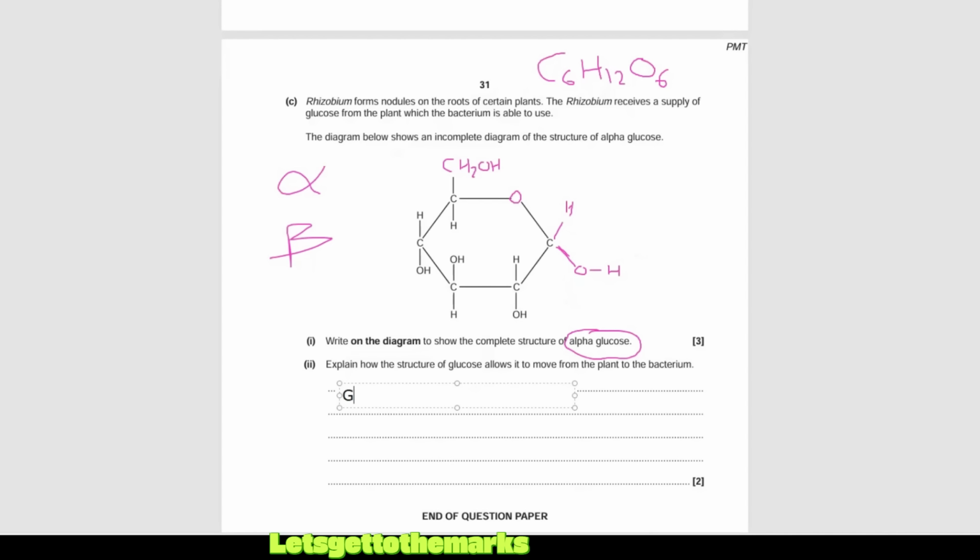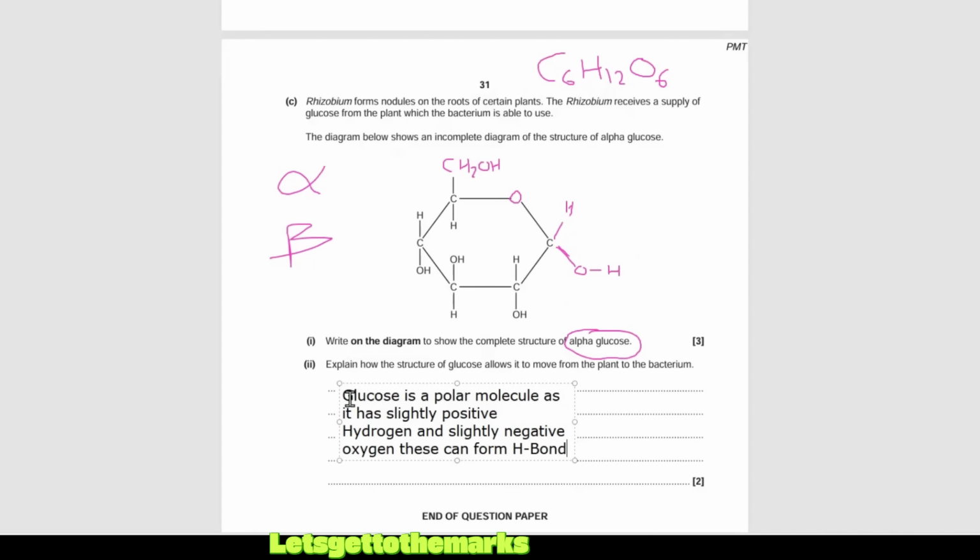So we just want to say that glucose is a polar molecule as it has slightly positive hydrogen and slightly negative oxygen. Now, I might be going over the top because they might just say glucose is a polar molecule. So hydrogen is slightly positive and oxygen slightly negative. These can form H bonds, and I probably should type out the word hydrogen just in case the examiner's being really strict. These can form hydrogen bonds with water.